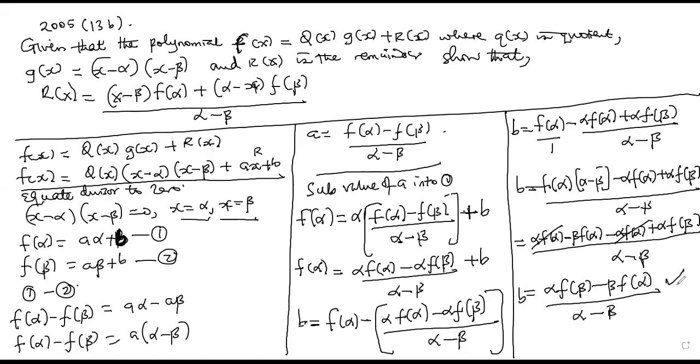I have the value of b, I have the value of a. But my proof has x's. But those x's will come as a result of substituting into the remainder. The remainder is equal to ax plus b. So since you have the value of a and the value of b, we can go ahead to look for that remainder.